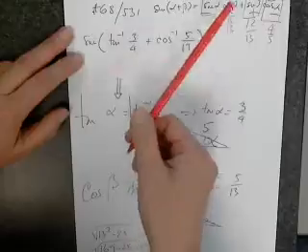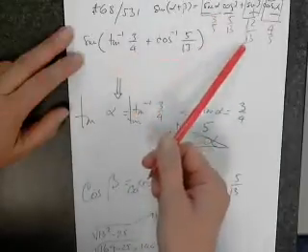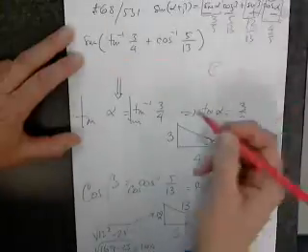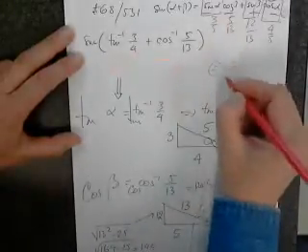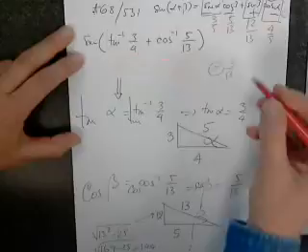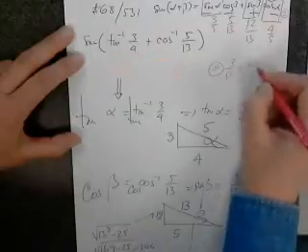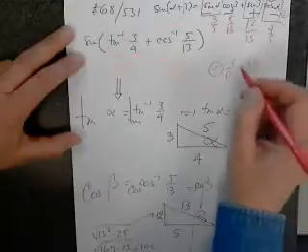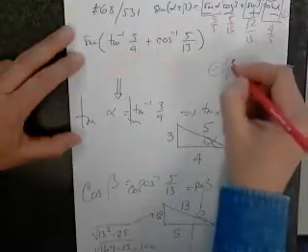I have 3 over 5 times 5 over 13 plus 12 over 13 times 4 over 5. I should not have simplified, because now I have to multiply, so I'm going to keep it.